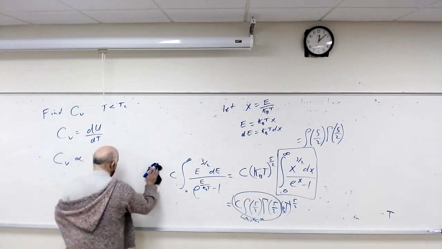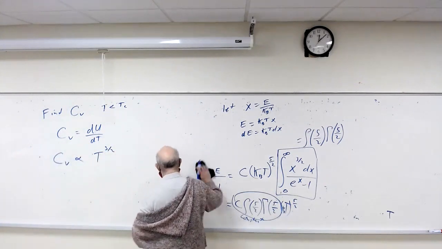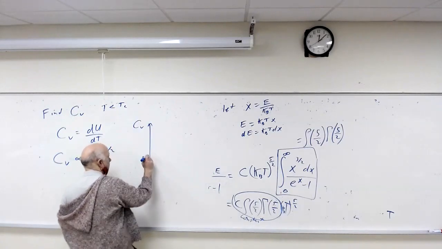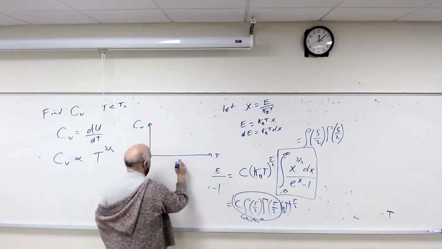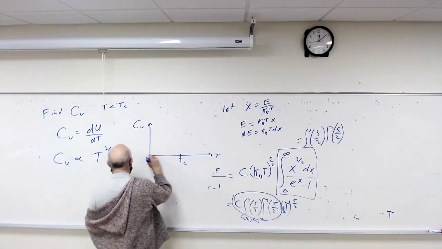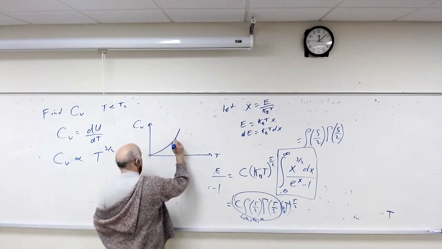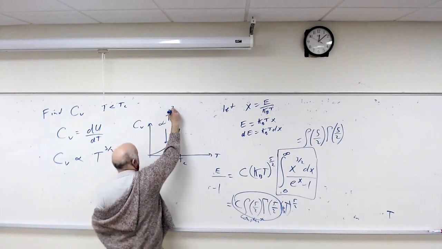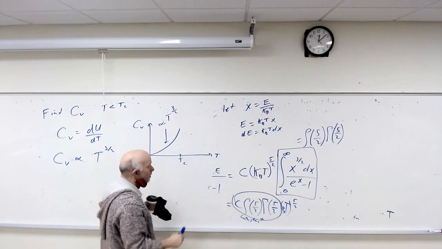What happens here is if you do this, make a graph of this. This is T, here's your T_C. This is going to go like this. This is proportional to T to the 3/2 power.